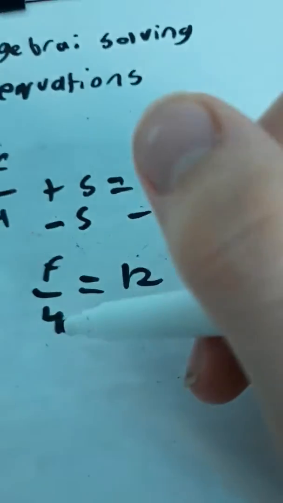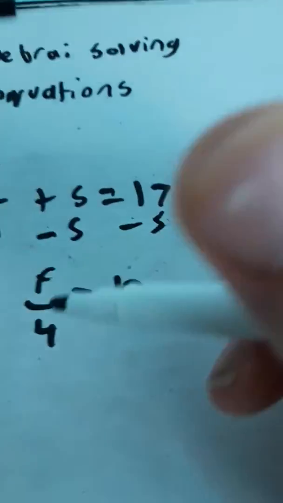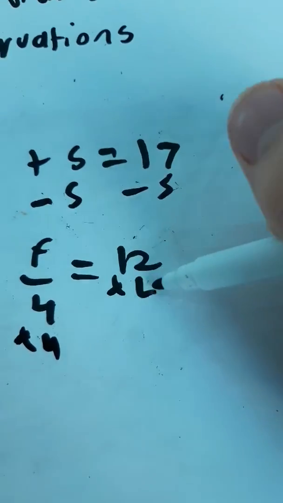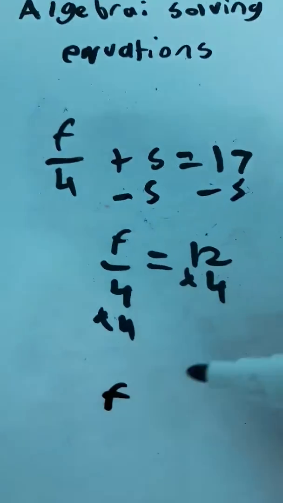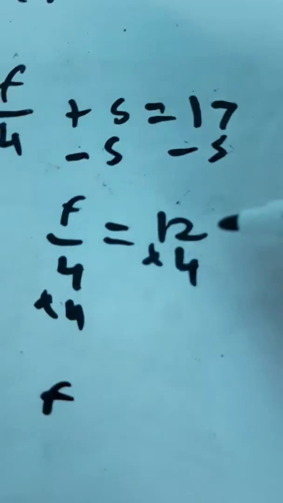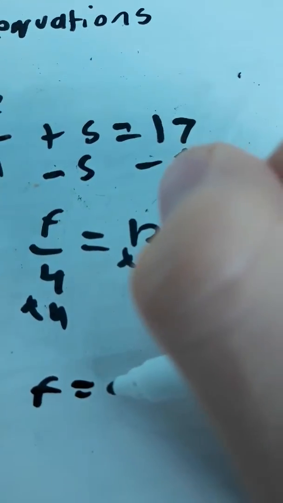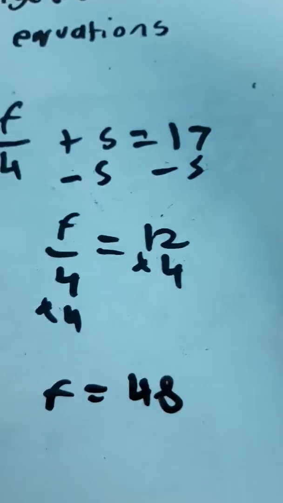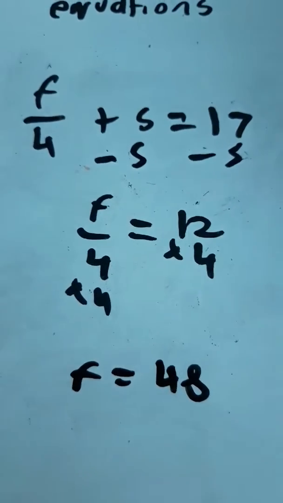Now I want to get rid of the divide by 4, so you want to multiply by 4. So f divided by 4 times 4 just leaves you with f. And 12 times 4 equals 48. There's your answer. F equals 48.